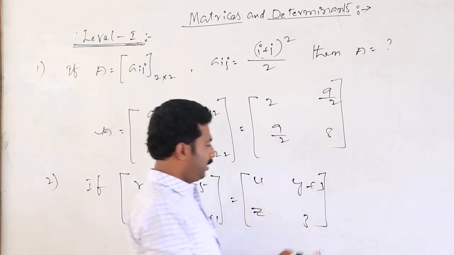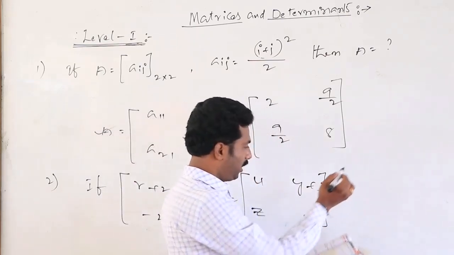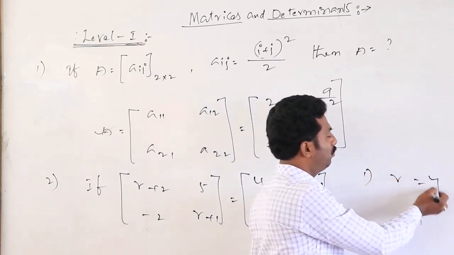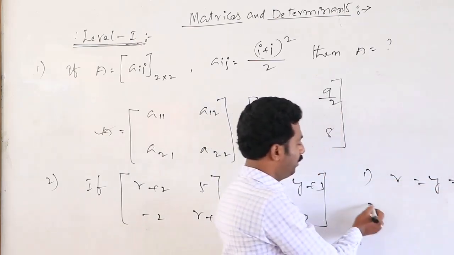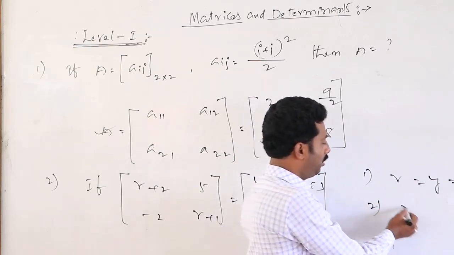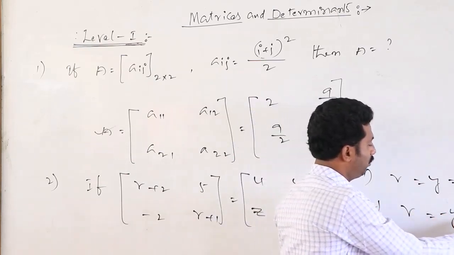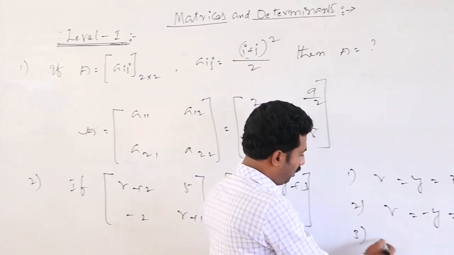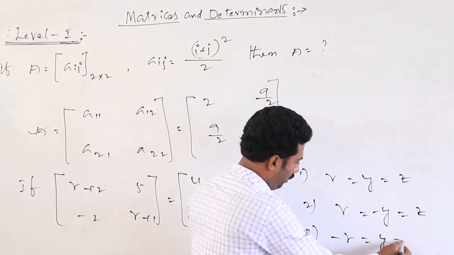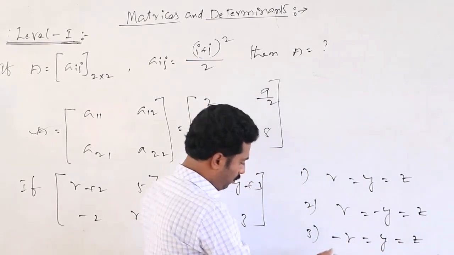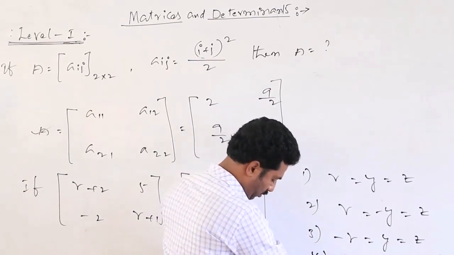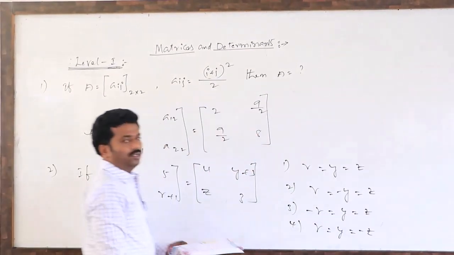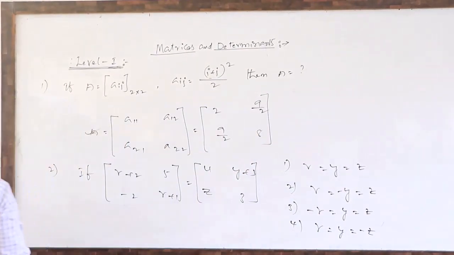Then they are asking, 4 options. First option: x equals y equals z. Second option: x equals minus y equals z. Third option: minus x, y equals z. Fourth option: x equals y equals minus z. So which one we have to identify?